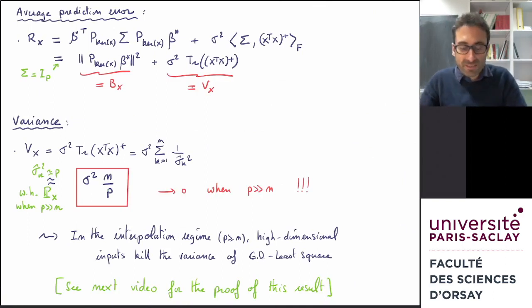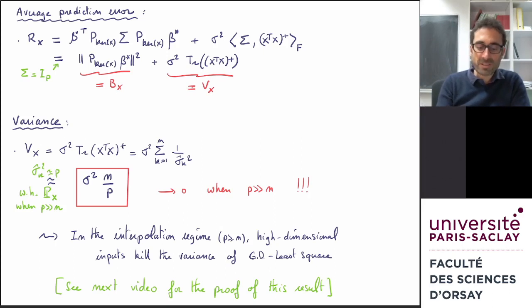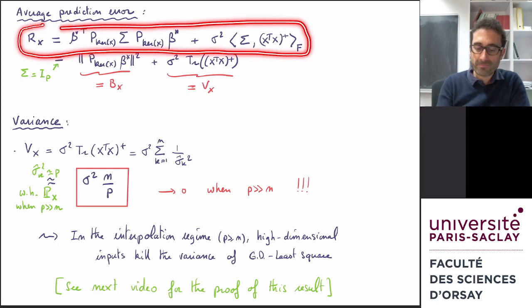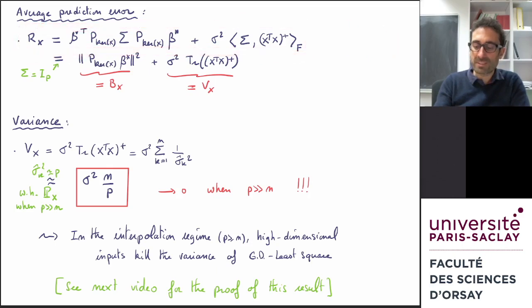What we have seen a few slides ago is that the average prediction error is given by this formula. Now we want to apply the fact that we are in the case where sigma is equal to the identity. When sigma is equal to the identity, this cancels out, so I will just have the squared norm of the projection of beta star on the kernel of x.